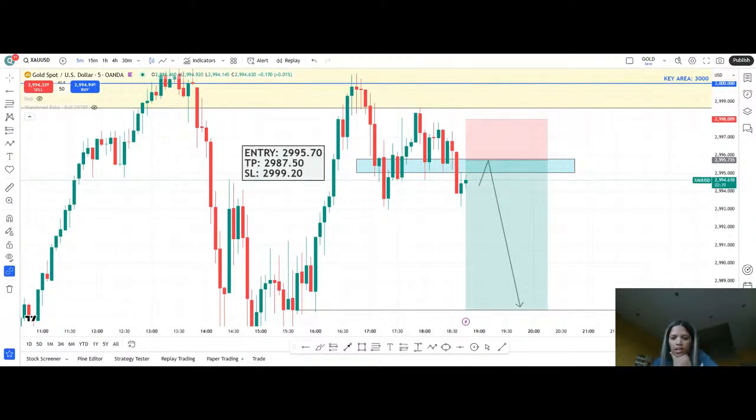All right, we're seeing a small pullback, retesting 2995 at least.